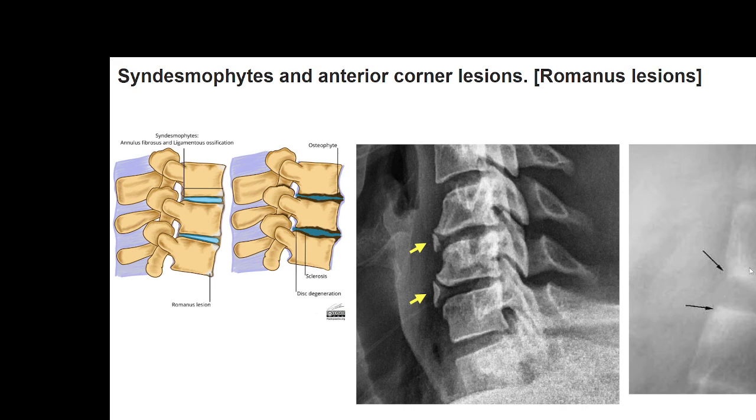The intervertebral bodies would show an increased deposition of calcium at some areas, and there would be osteophyte projections, also called Romanus lesions, which can be better made out with the CT. Even in the plain X-ray, these can be made out, which could be a sign of ankylosing spondylitis.